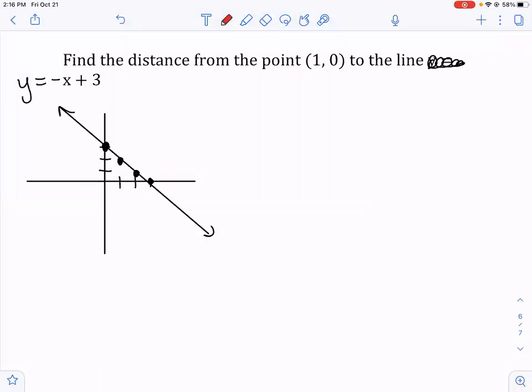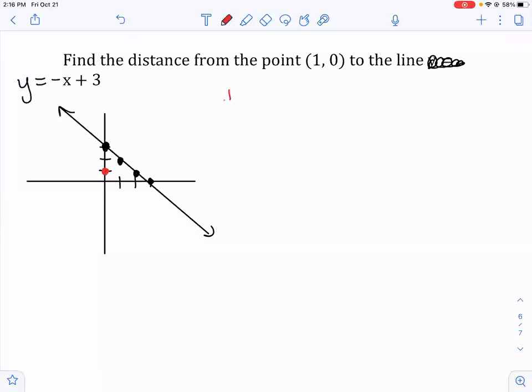And here is our point 1, 0. I want the distance between these two. However, we need a segment perpendicular to it in order to find the distance.